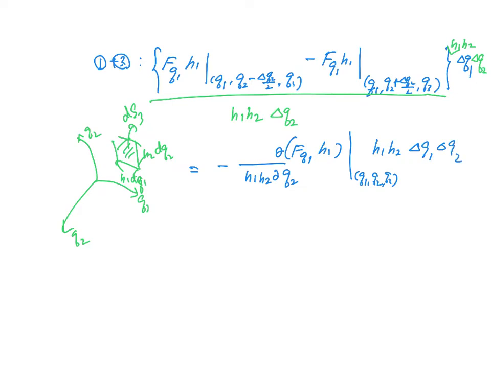Using the mean value theorem again, it can be integrated back into this: 1 over h1 h2 partial over partial q2 of f_q1 h1, ds3. And we are going to see why I denoted the surface area as ds3.